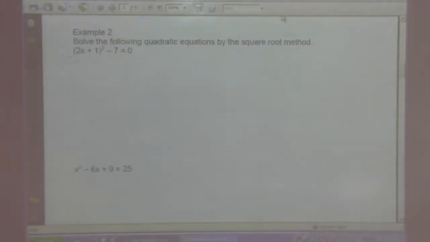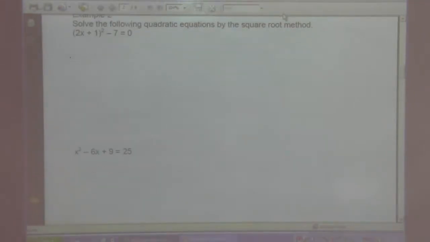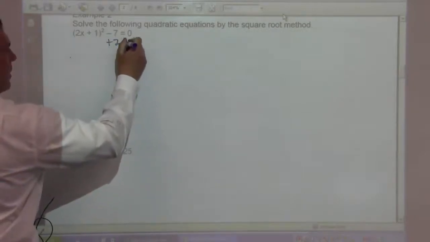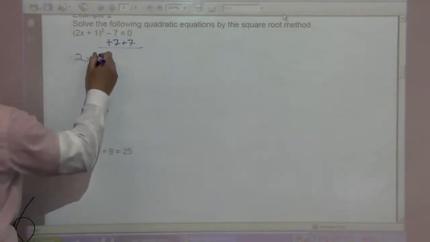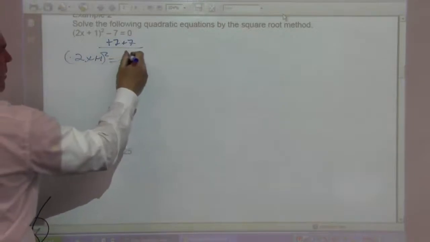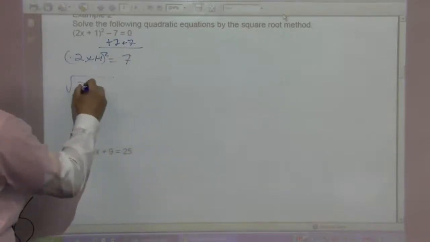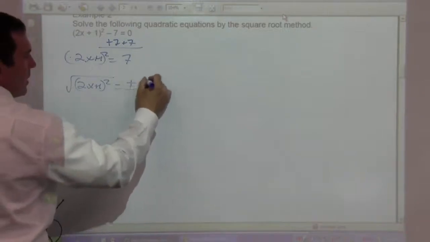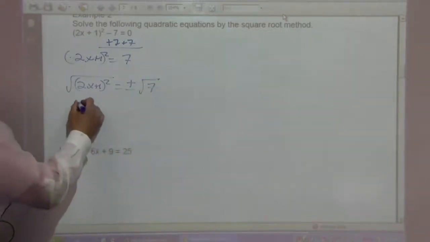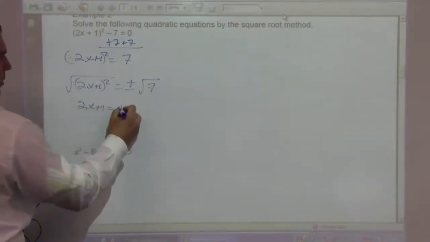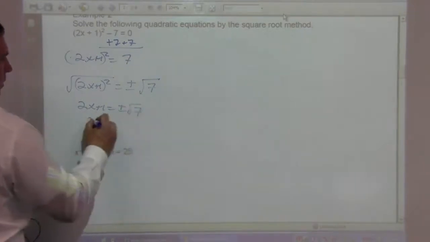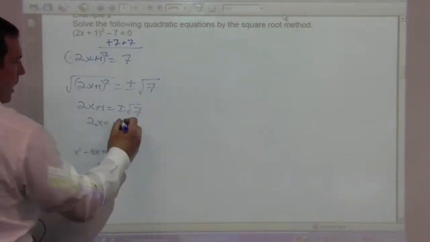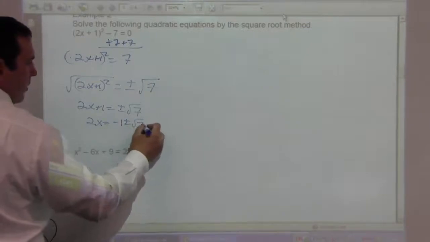So in this one we have 2x plus 1 quantity squared minus 7 equals 0. If we add 7 to both sides, we have 2x plus 1 squared equals 7. Now we take the square root of both sides, so 2x plus 1 equals plus or minus the square root of 7. 2x equals negative 1 plus or minus the square root of 7.